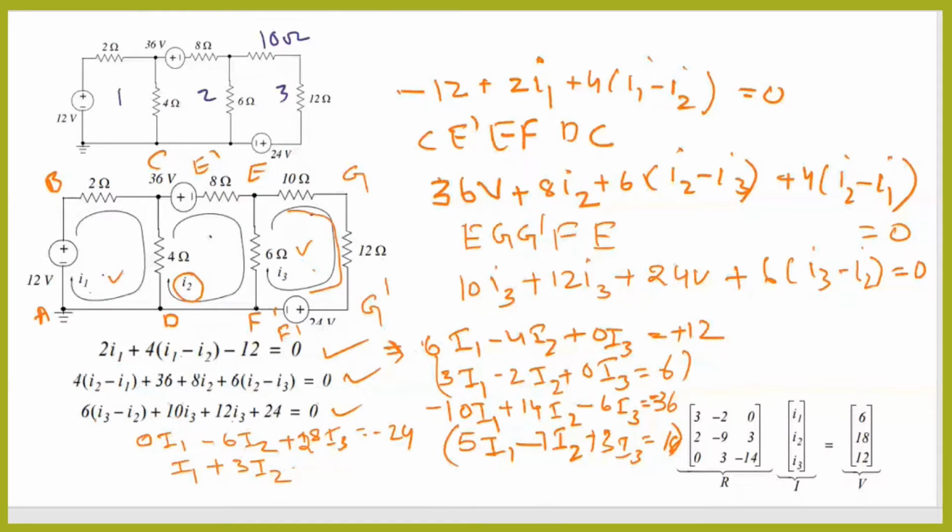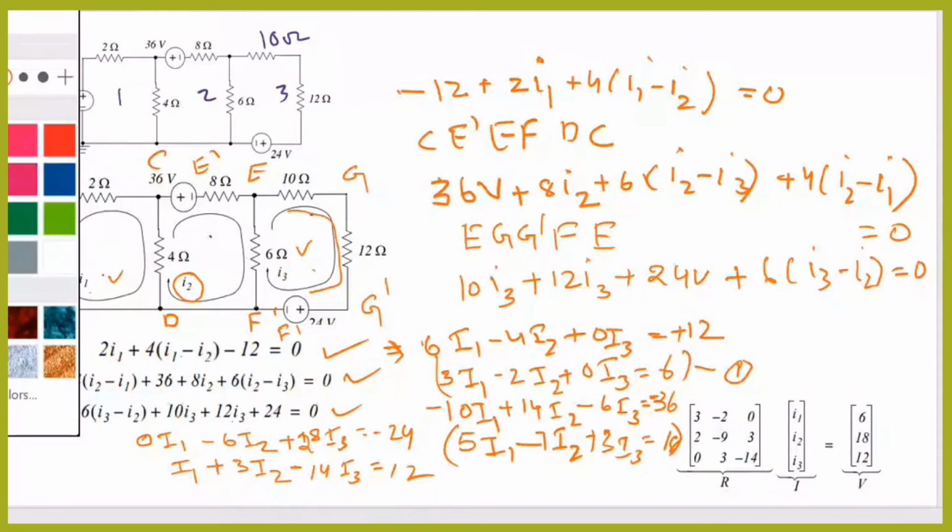Okay, so this is equation number 3. So you got 1, 2, and 3 equations. Can you write the equations in matrix form? Equations in matrix form can be written as R I = V, where R is the matrix of coefficients, I is the current values, and V is the constant.